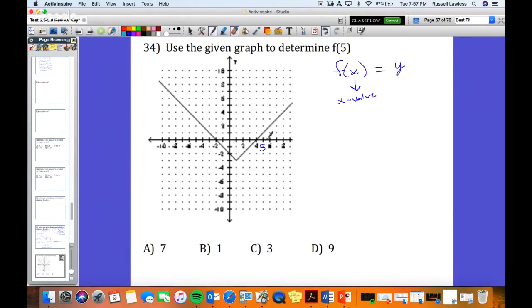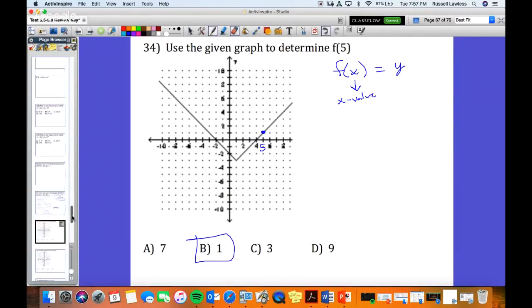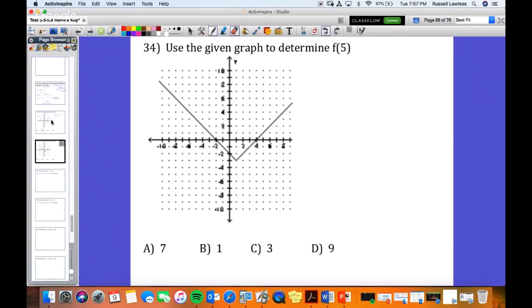So if I'm looking for f of 5, I'm going up on my graph. Whatever this y value is will be my answer. In this case, that will be 1. So f of 5 should be 1. That's essentially how you would do 34: find out where x is and then see where it is on the graph.